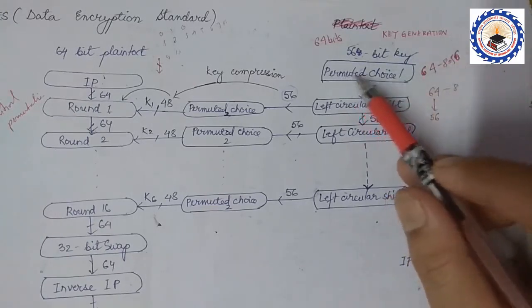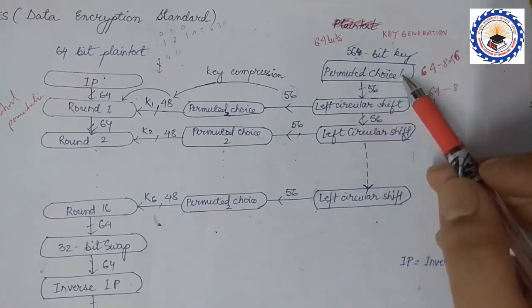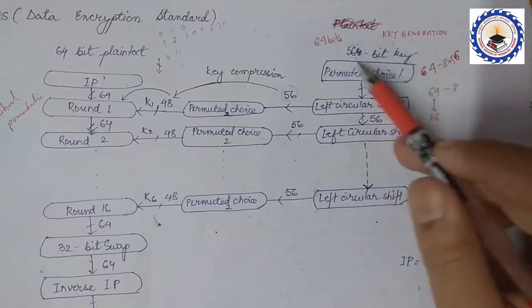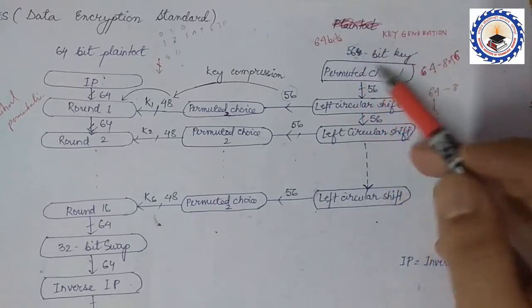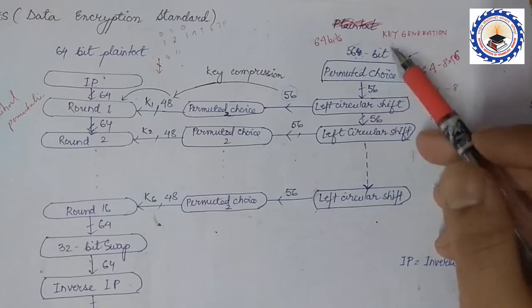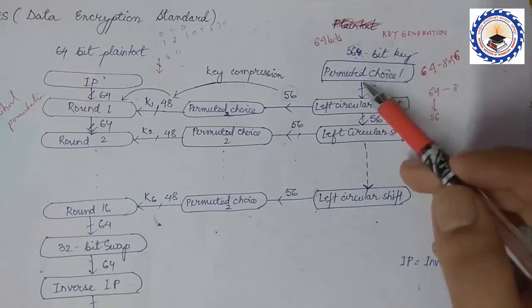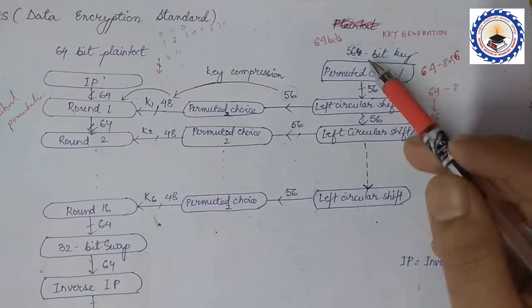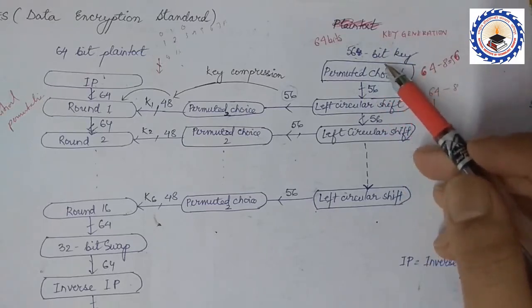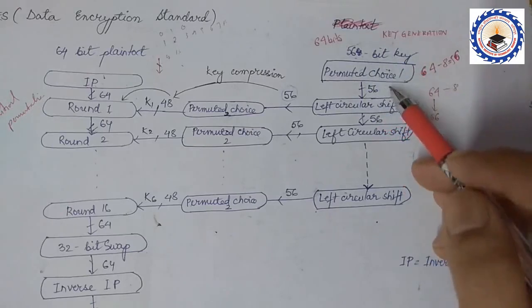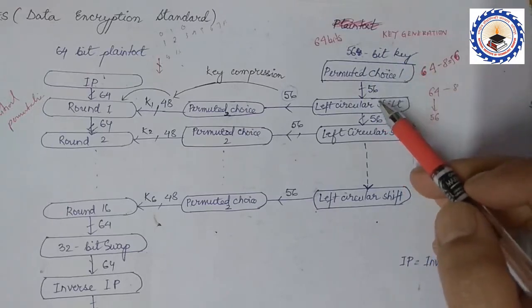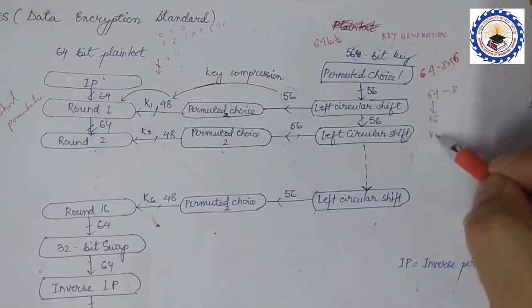Using the permuted choice 1 table, we change the positions of all these 56 bits. We are not removing or adding any bits, so the 56 bits remain as they are. Then how is K1, the first key, generated?